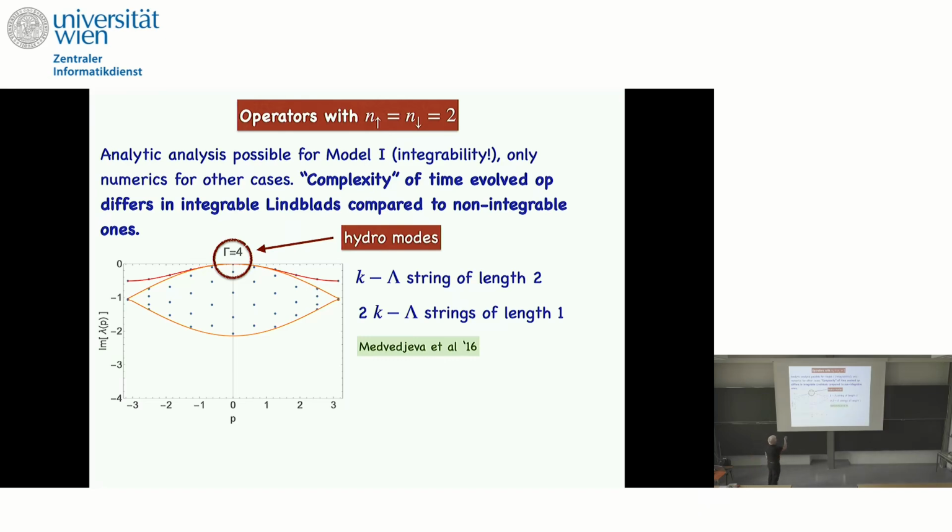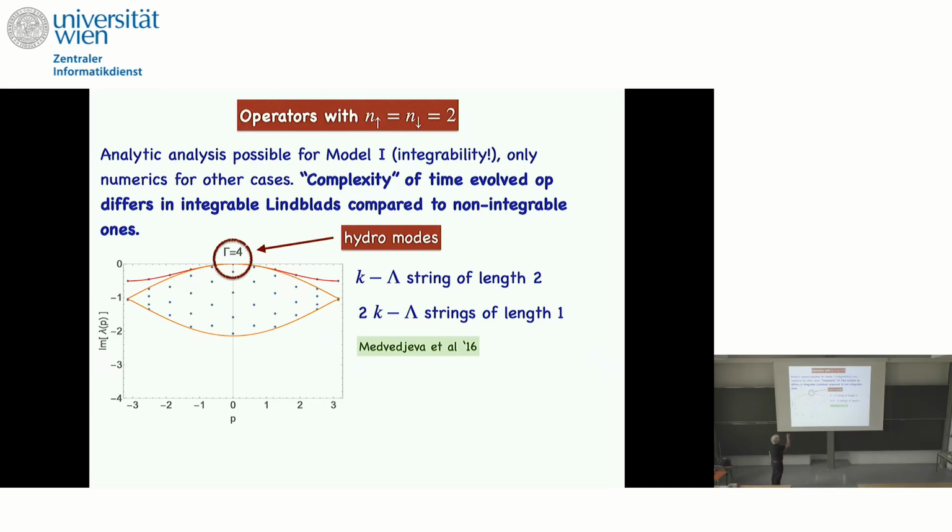Now, you can still do an analytic analysis for the first model using integrability, because the wave functions are very special. So the form I had written in terms of these plane waves generalizes to any number of particles.